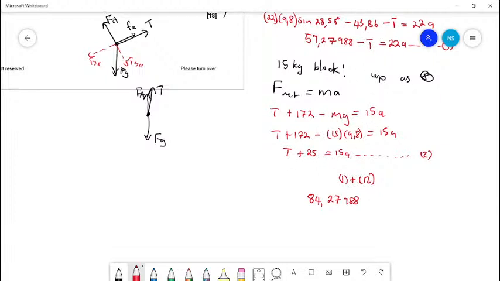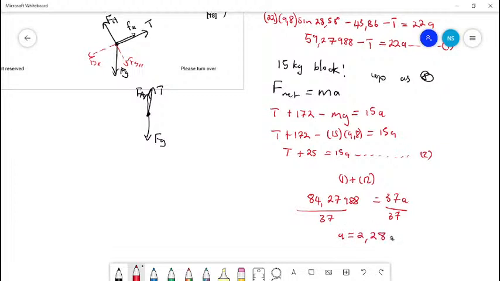So 22 plus 15 will give us 37A. And then to calculate our A, we'll have to divide both sides by 37. And we get 84.27988 divided by 37, which will give us an answer of 2.8 meters per second squared.